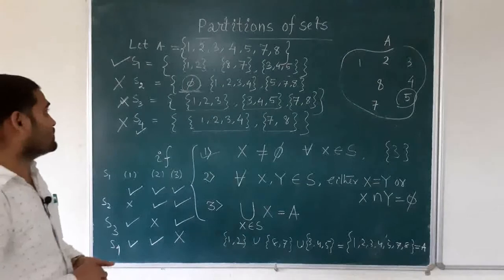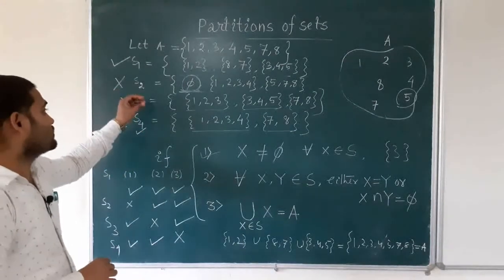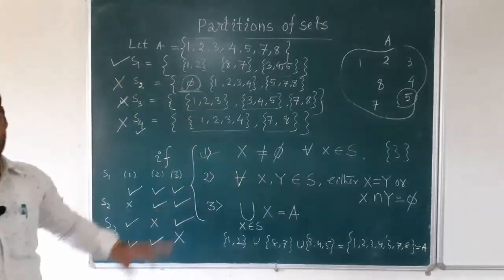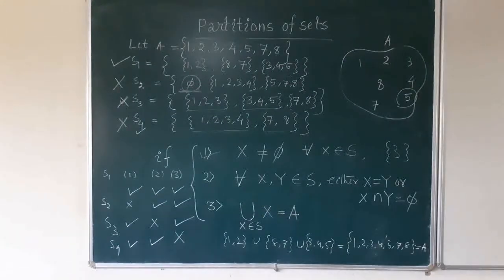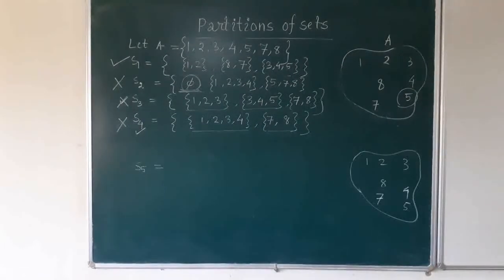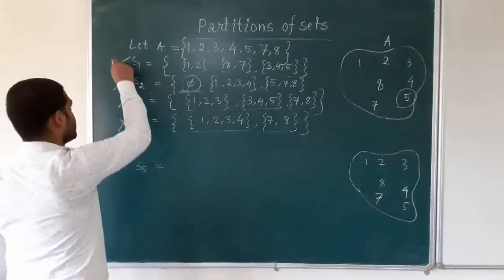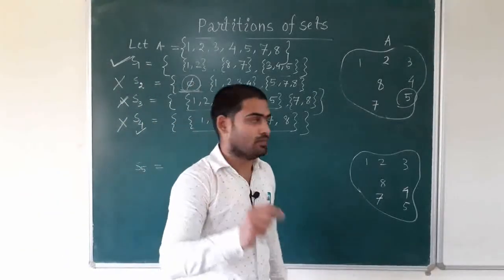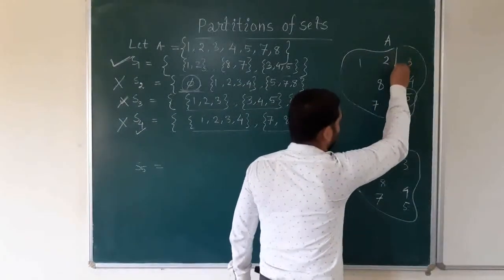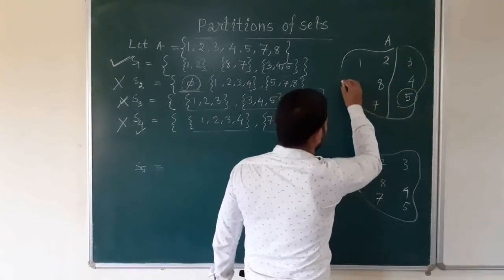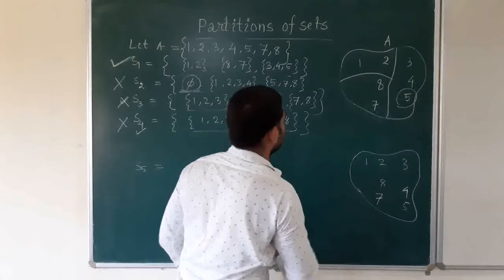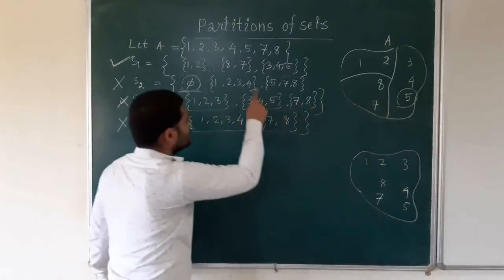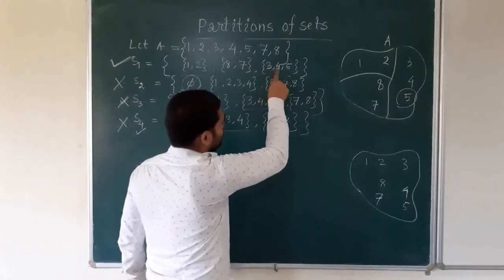Now I will give examples of partitions of A. This is the first: S1 is a partition of set A, this set with 8, 7 and this one containing 3, 4, 7.